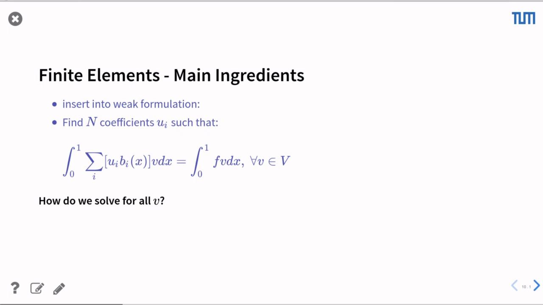Then our problem becomes finding the n coefficients such that the following equation holds for all test functions v. So how do we solve for all test functions v? They're still abstract. How do we get all the functions from our function space V? That's the open question here.